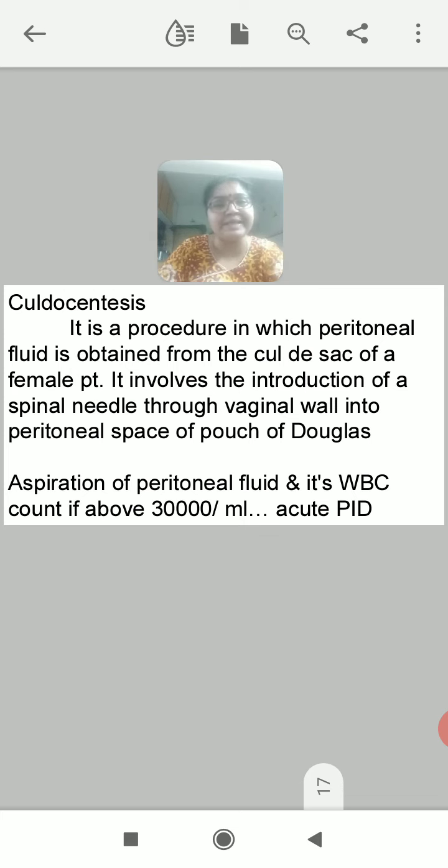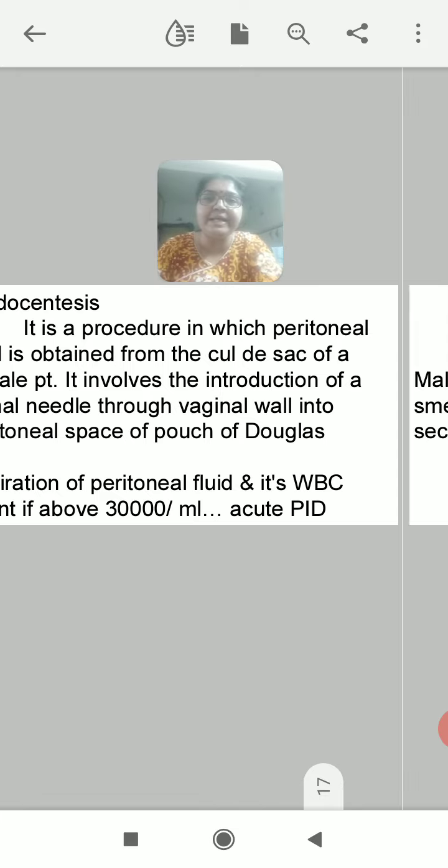Aspiration of peritoneal fluid and its WBC count, if it is above 30,000 per ml, indicates acute PID. So if peritoneal fluid is aspirated and the WBC count is more than 30,000 per ml, it strongly indicates PID.